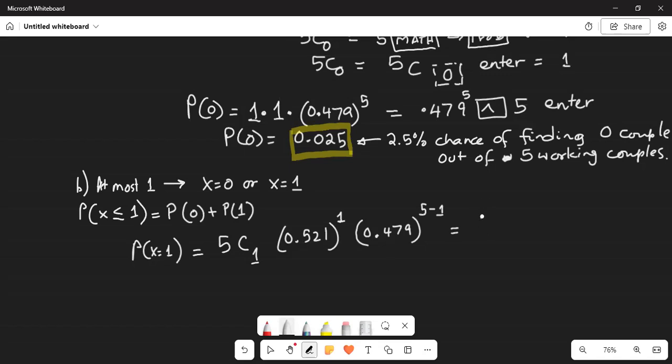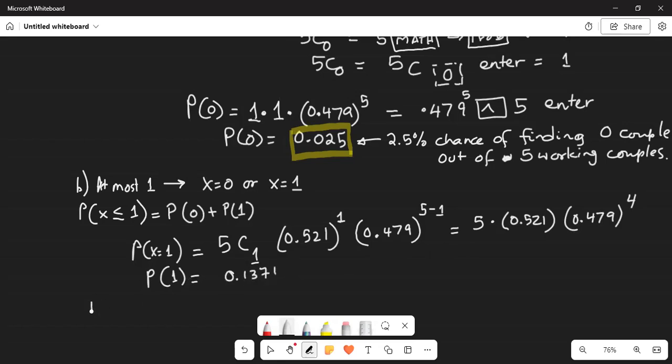So it is 5 multiplied by 0.521 multiplied by 0.479 to the power of 4. And that is P of 1, which is equal to 5 multiplied by 0.521 multiplied by, in parentheses, 0.479, close the parenthesis, to the power of 4, and hit enter.